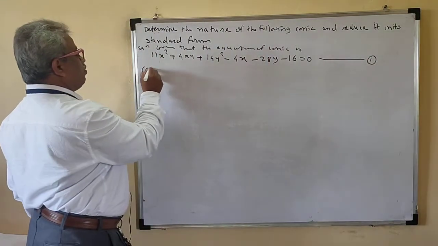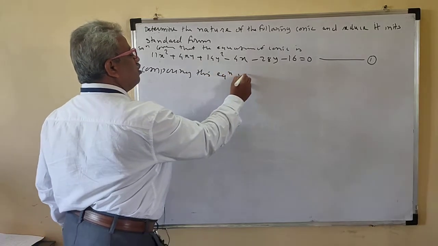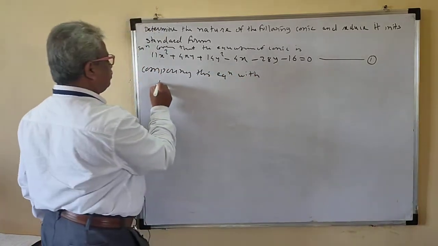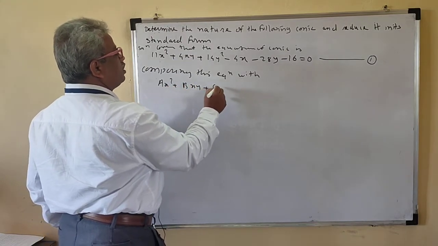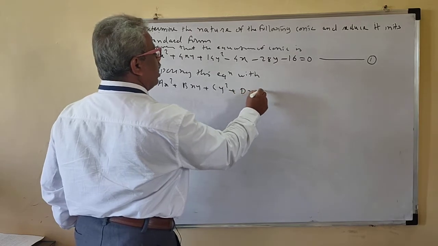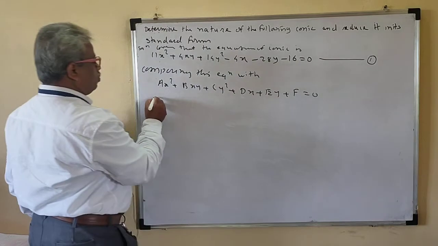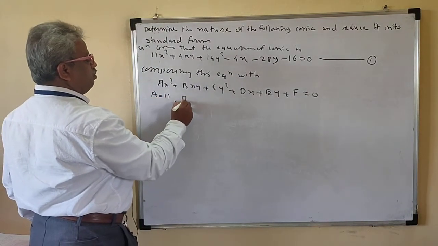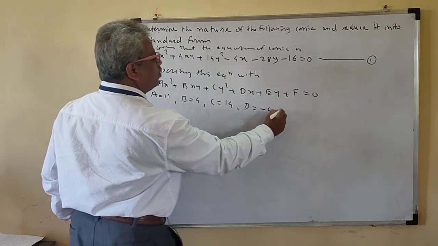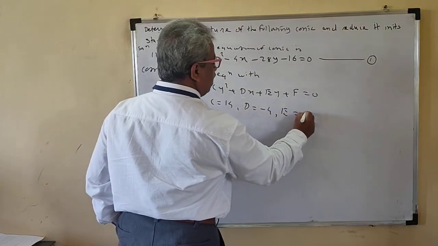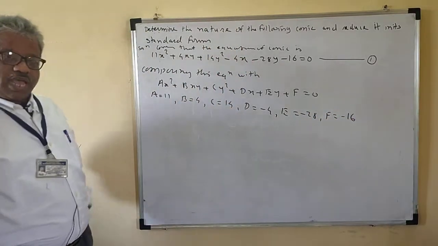Comparing this equation with ax square plus bxy plus cy square plus dx plus ey plus f is equal to 0, your a is 11, your b is 4, your c is 14, your d is minus 4, your e is minus 28, and your f is minus 16.